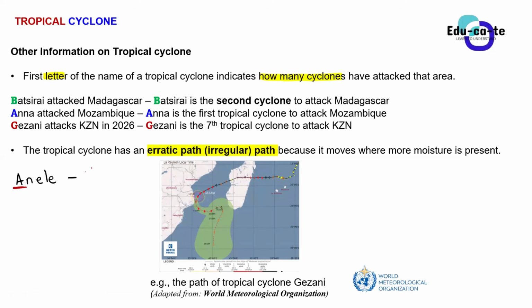If I say I have tropical cyclone Bandile, attacking the north of KZN, the first letter of the name is B. This tells us that this tropical cyclone is the second tropical cyclone to affect the area. You just go with alphabetical order and so forth.